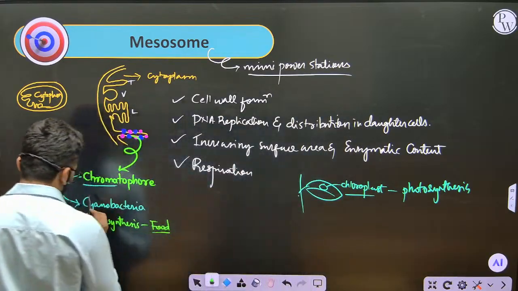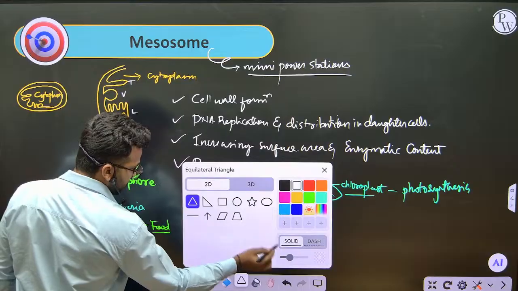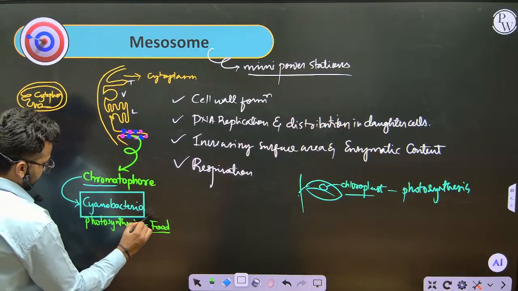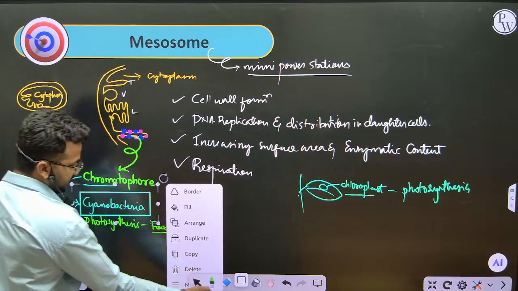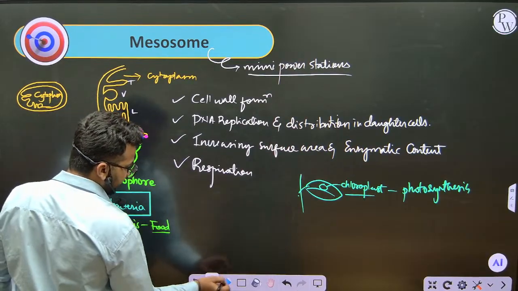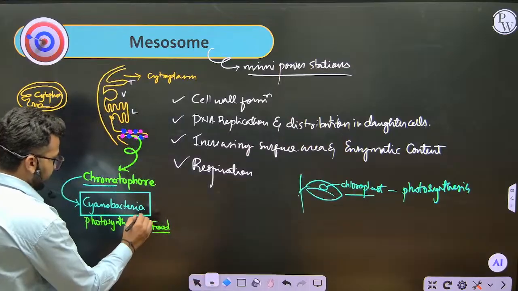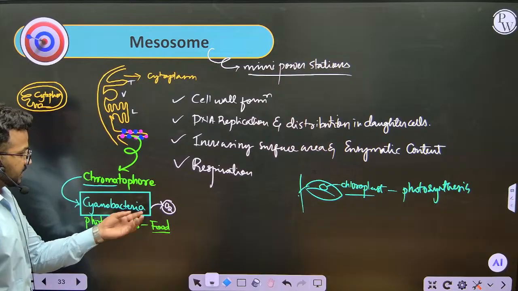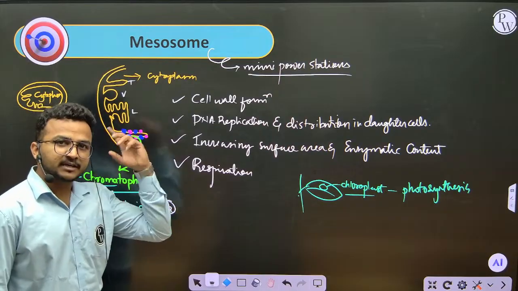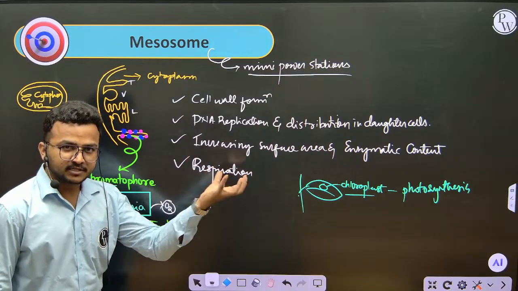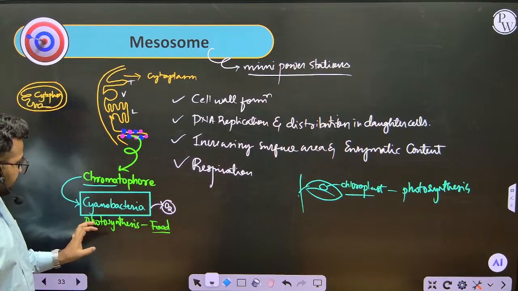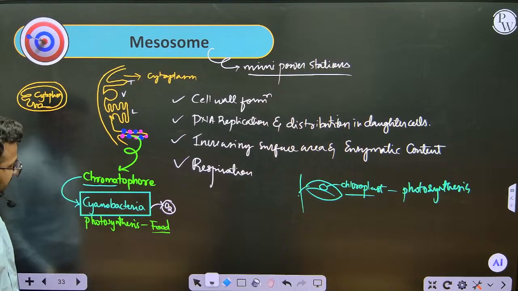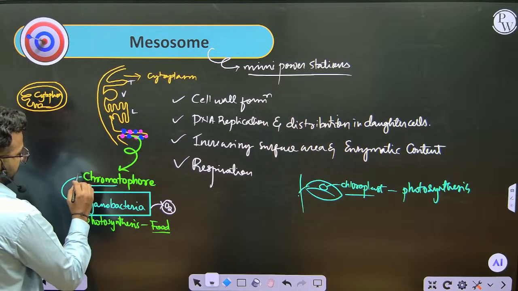Cyanobacteria are nothing but these bacteria which released oxygen, evolution of oxygen in the earlier time when the earth was just a microorganism planet at the time. So this oxygen was evolved by these cyanobacteria, and this is the chromatophore.